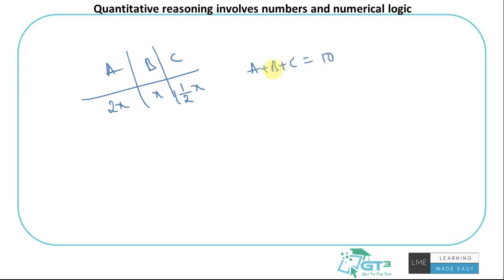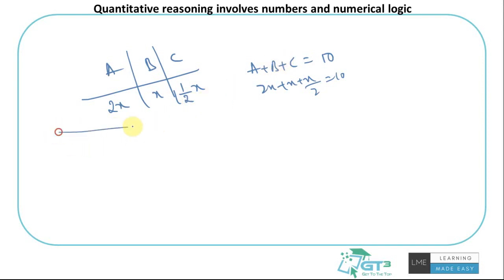So this is a simple algebra question, right? That is 2x plus x by 2 is 10. There's only one equation and one variable, so that's good enough to solve and will give me the answer. This will probably give you a non-integral value, which is not accepted, but still, that's how you can do this question.